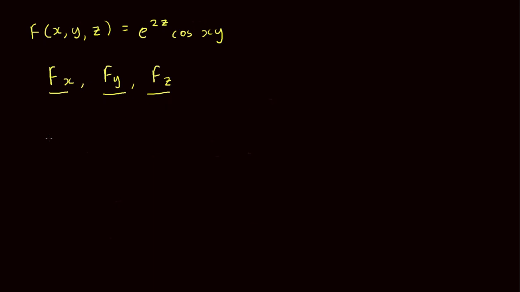Okay, now you come back and want to see how to solve it. fx, remember, is just the differentiation, del f over del x. When we are differentiating with respect to x, bear in mind that the exponential term e to the power of 2z is just a constant. It's not going to affect anything in terms of x.